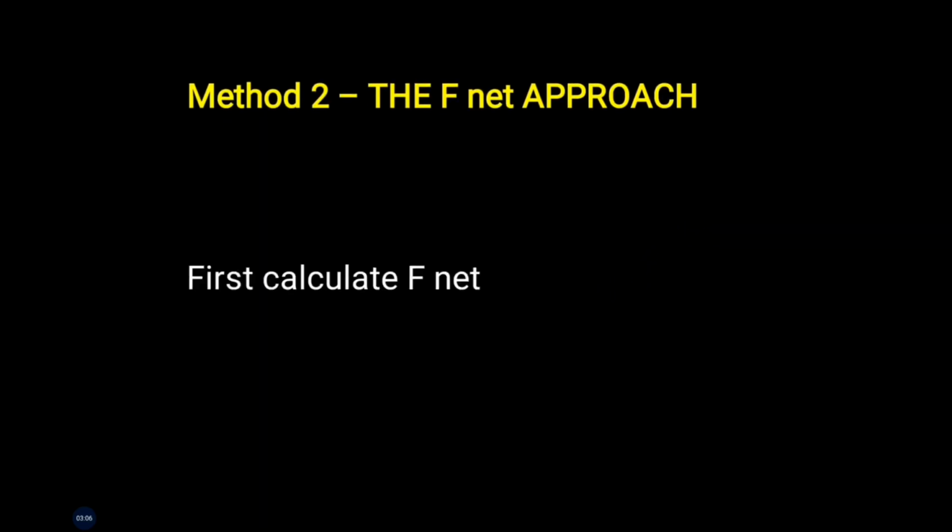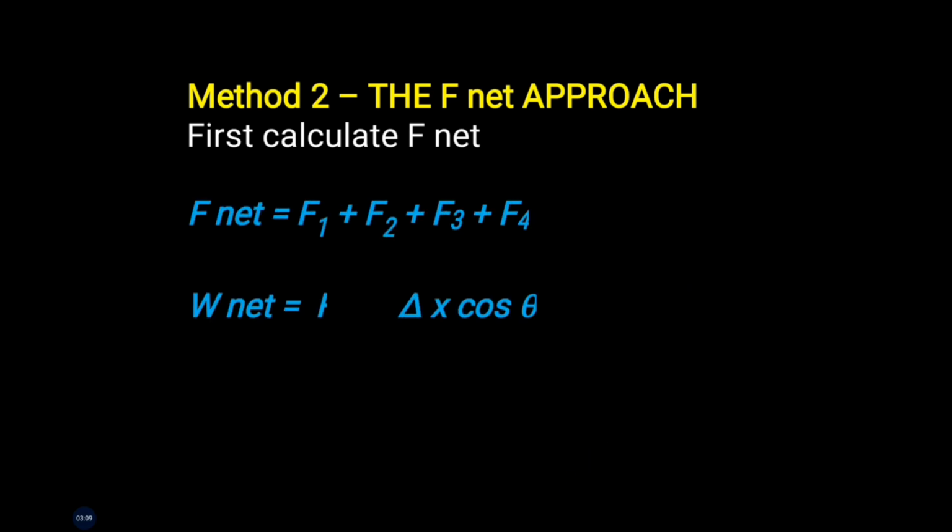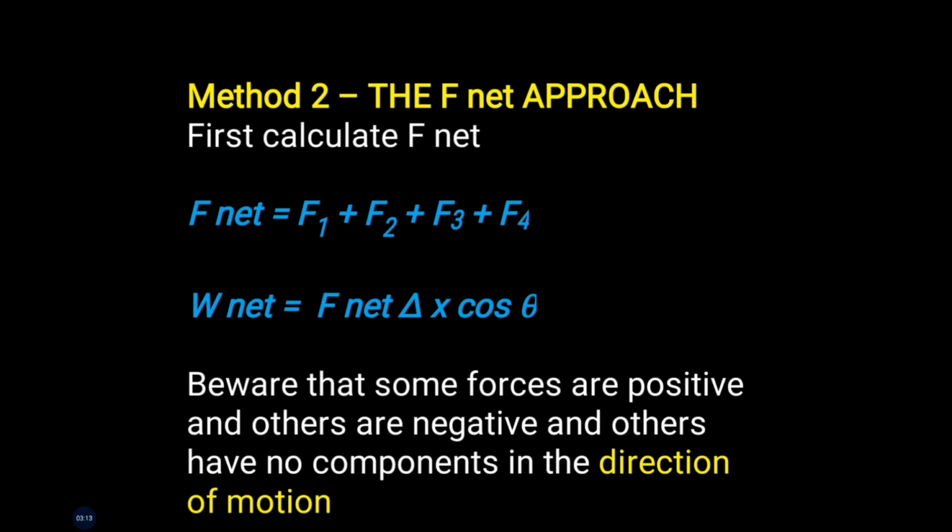In this approach, you're basically saying, from my free body diagram, I can see the forces. I can calculate the net force as a vector sum of all the forces acting on the object. Once I get the net force, I can say W net, the total work done, is equal to F net delta x times cos theta.